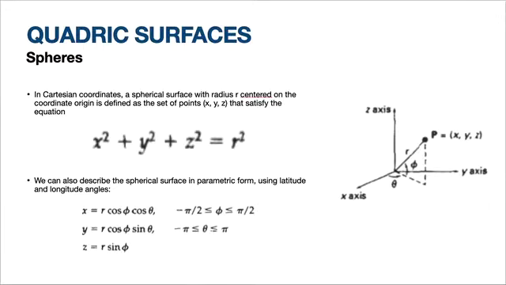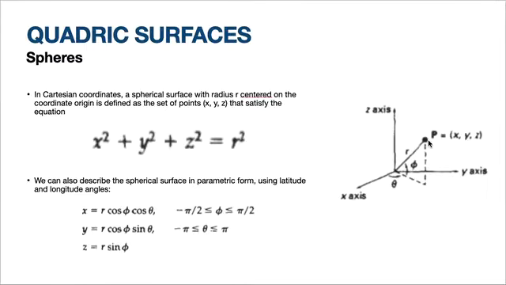So simply you can define a spherical surface with radius r and the center at origin. This is the x, y, z axis. The sphere has the center at the origin, and it has a radius r.